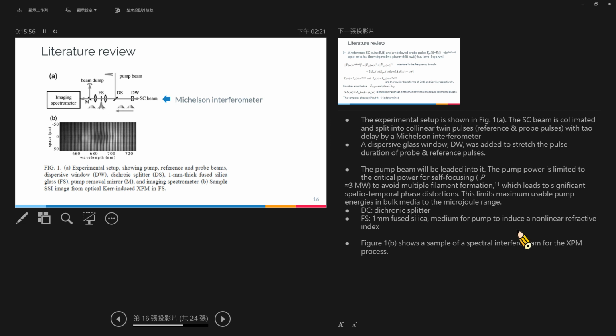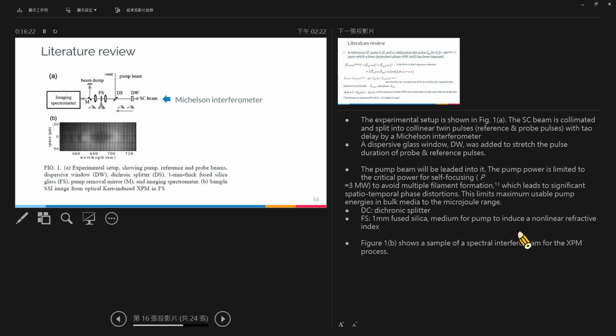They get into a dispersive window. This dispersive window will stretch the probe and reference pulse durations, and there will be a pump beam leading into it. And here is a dichroic splitter. It allows the pump to reflect and the probe and reference beams to transverse through.